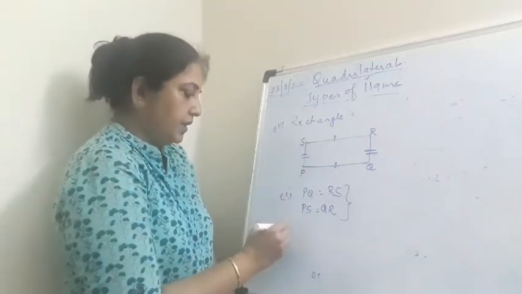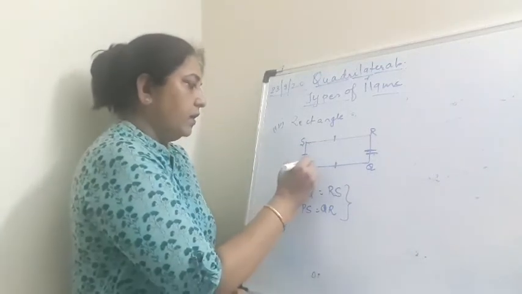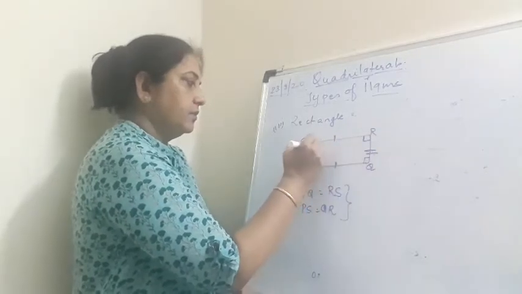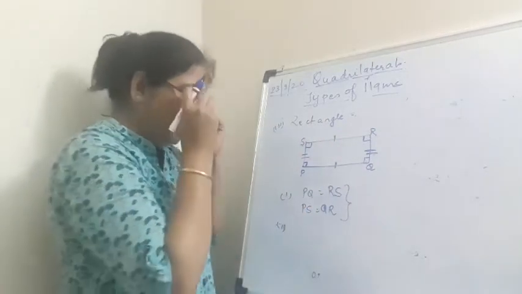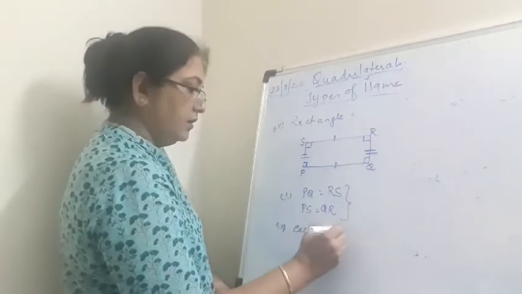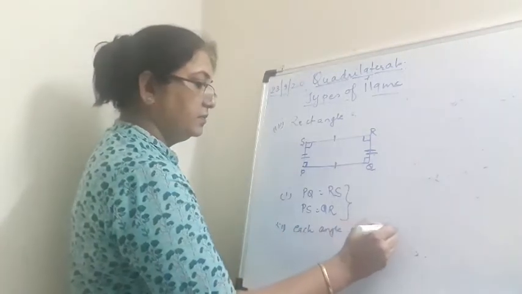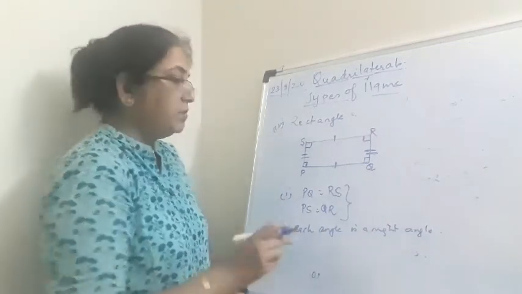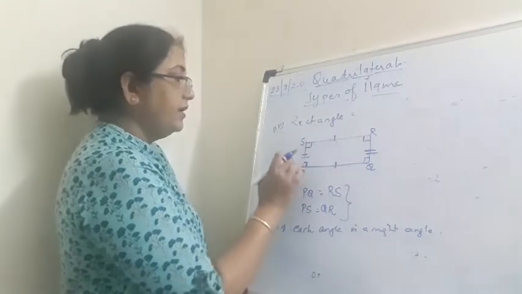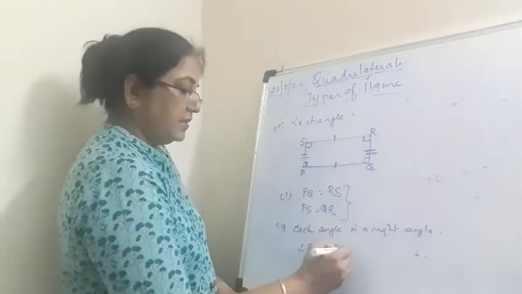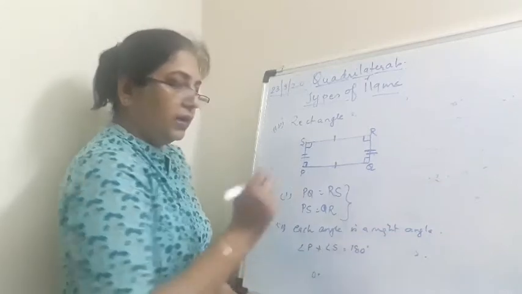Second, each angle is a right angle, 90 degrees. When each angle is a right angle, it means that any two adjacent angles, suppose angle P plus angle S, equal 180.